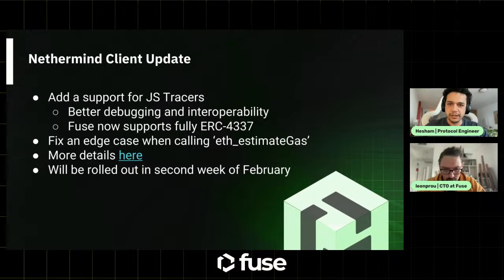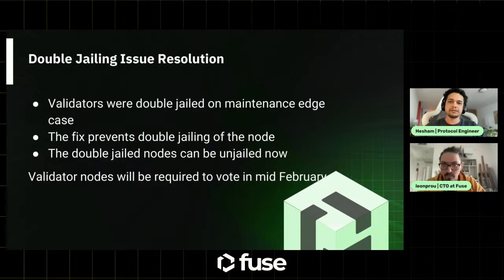Next, I'm also going to talk about the double jailing issue. We had an edge case that caused a validator node to be jailed twice when the node submits a maintenance request and then goes offline in the same cycle.